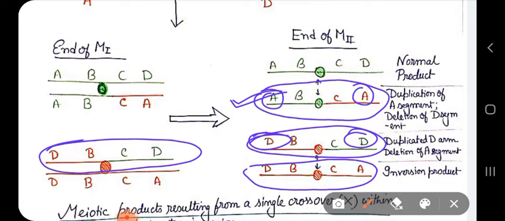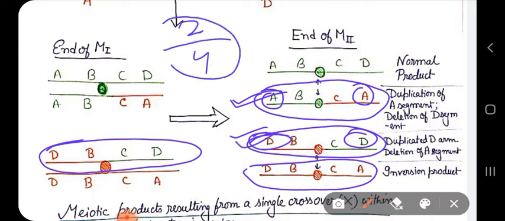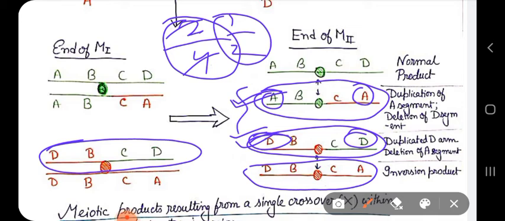So you can see clearly that half of the meiotic products are non-functional, that is 2 out of 4 are non-functional, because there is a presence of duplications and deletions within them.